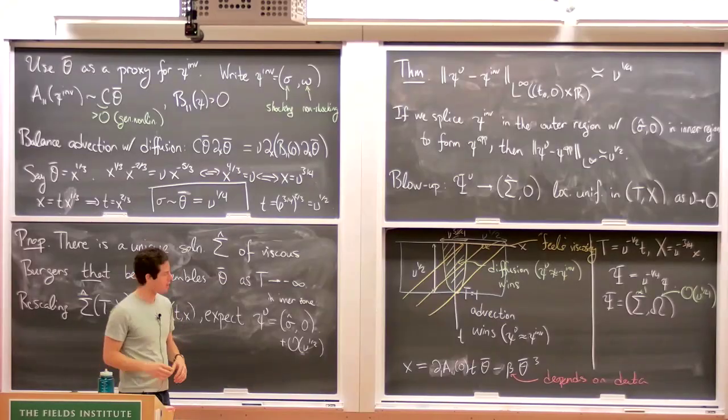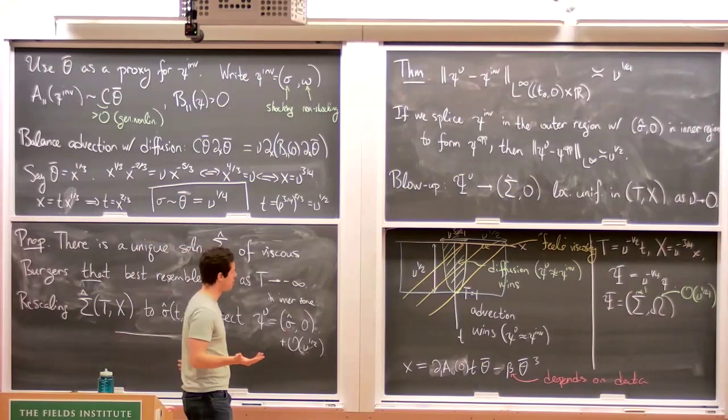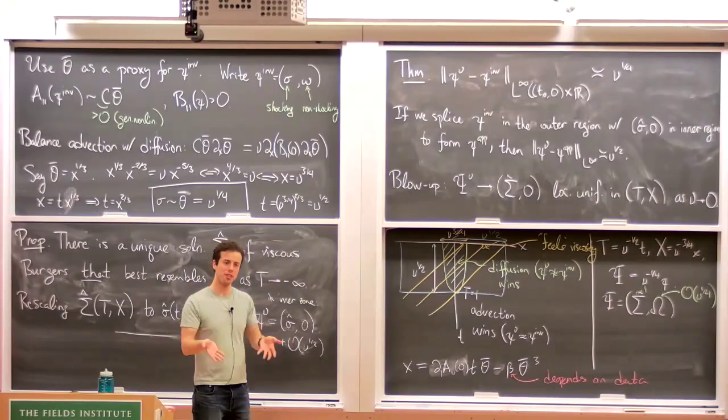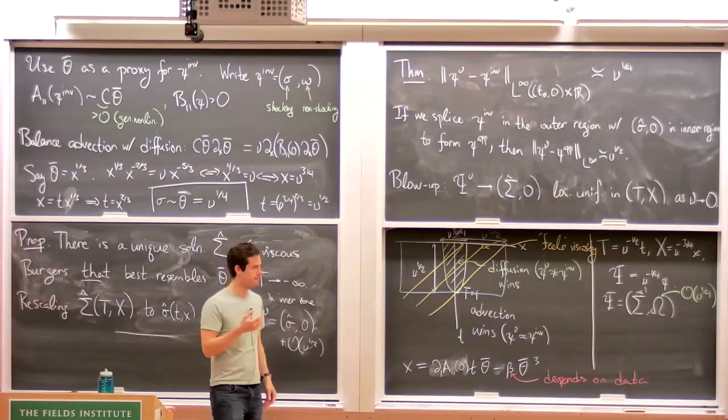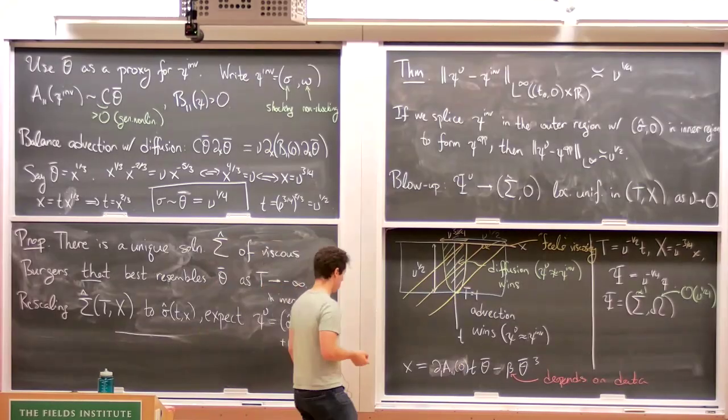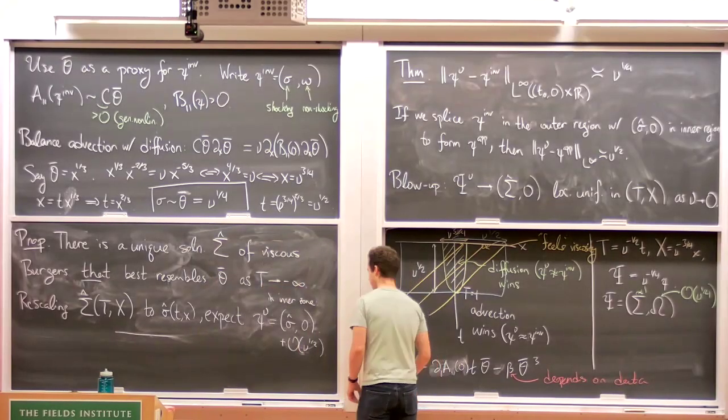Okay. So I wanted to finish by saying a bit about the crucial question that Kevin raised, which is how do you go beyond the gradient catastrophe? So what does that look like in space-time?